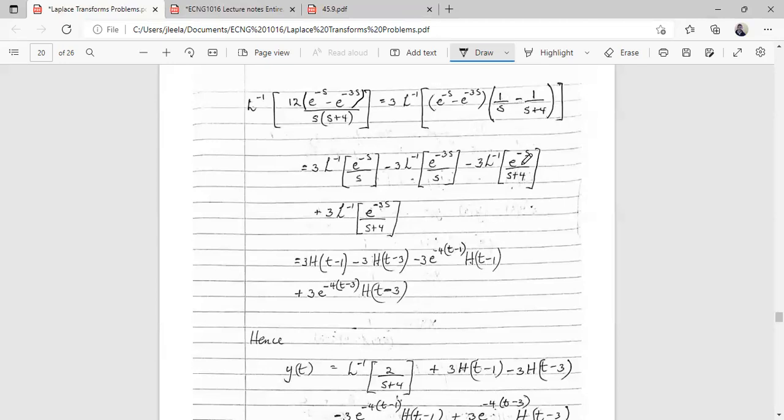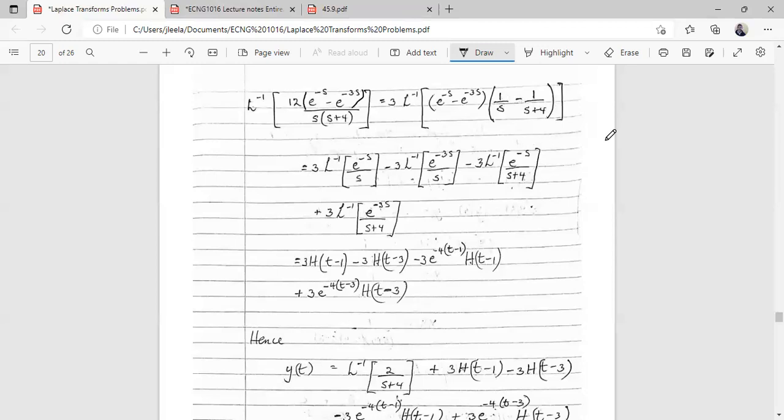So you're applying the Laplace inverse, so you have e to the minus t naught s, and then this is 1 over s plus 4, which is the Laplace of e to the minus 4t, right? But when you have a Heaviside function, you have to replace your minus 4t by your minus 4 times (t minus 1), because your t naught here is 1. So that is minus 3 e to the minus 4(t minus 1) times the Heaviside at t minus 1.